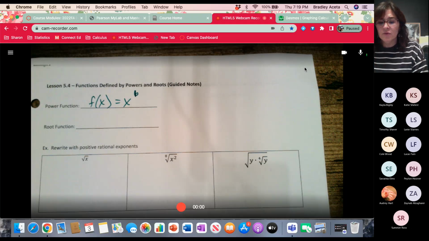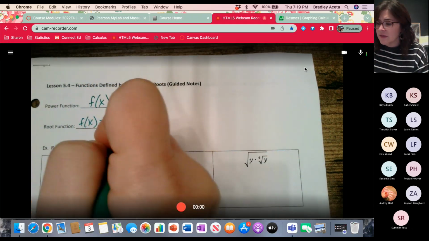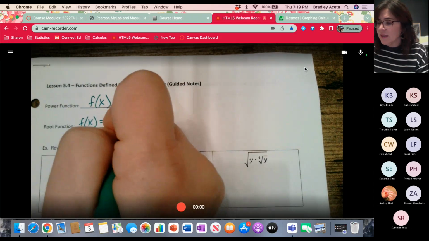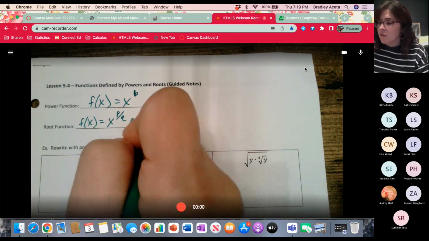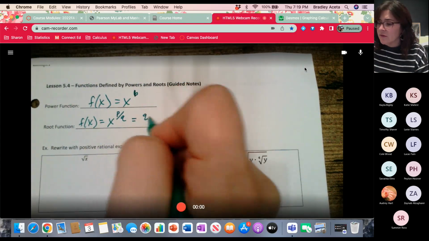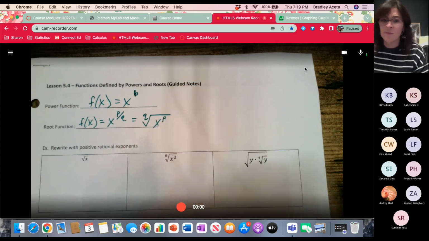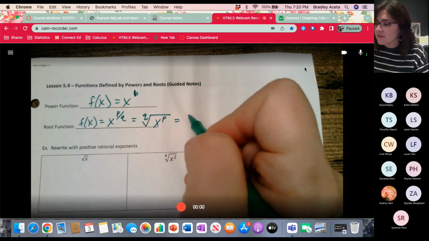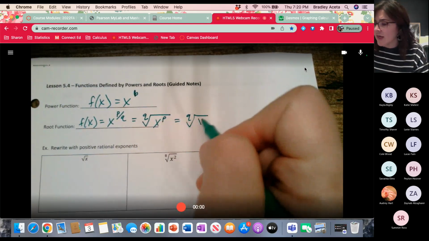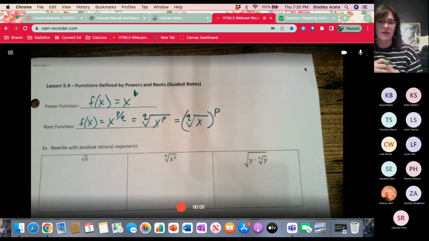Okay, a root function would be f of x equals x to the p over q, which can be written as the q root of x to the p, which can also be written as the q root of x and then raised to a p. These are all the same thing.